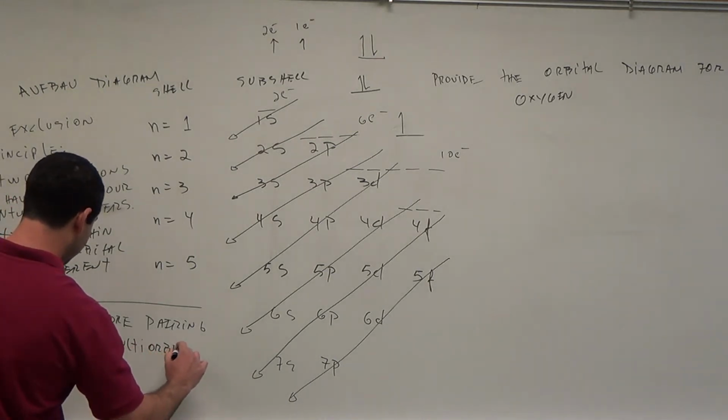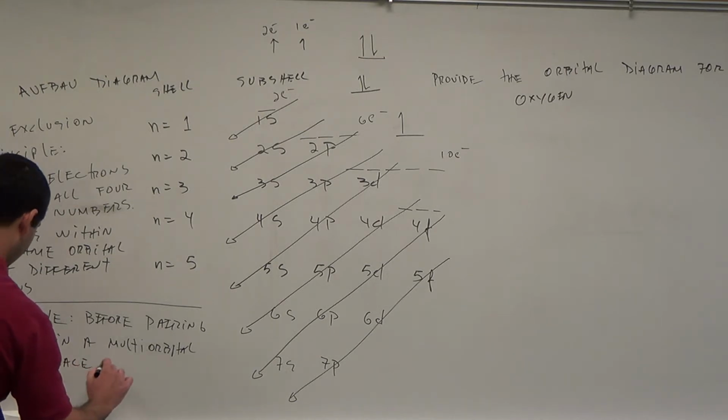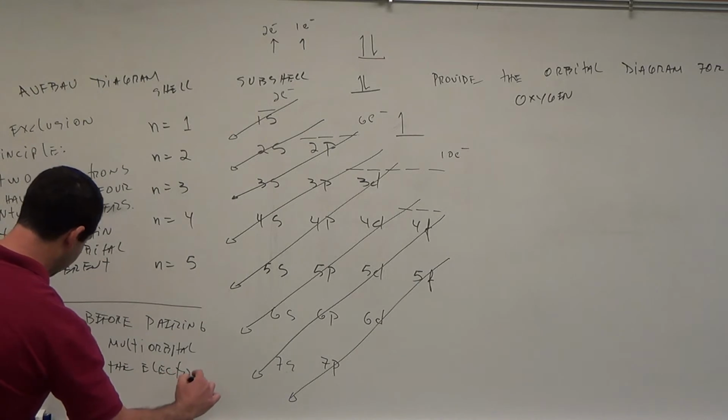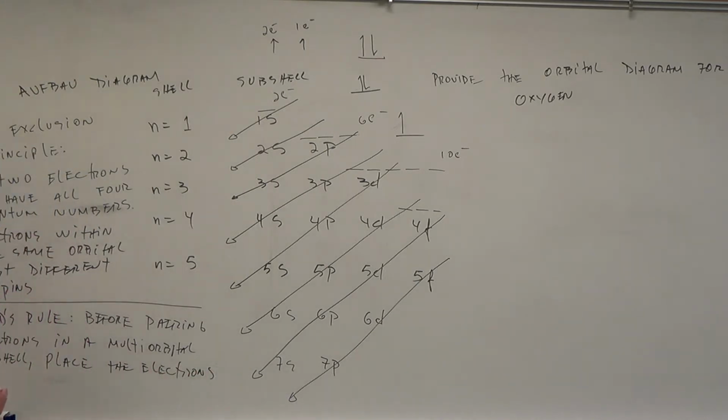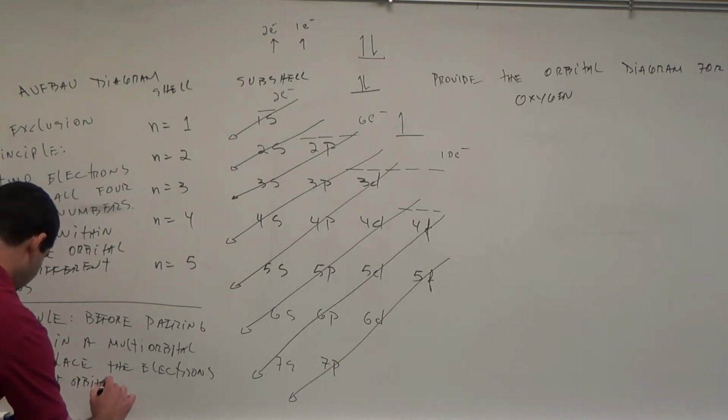Before pairing electrons in a multi-orbital subshell, place the electrons in different orbitals of the same subshell, yes? In different orbitals with the same spin.